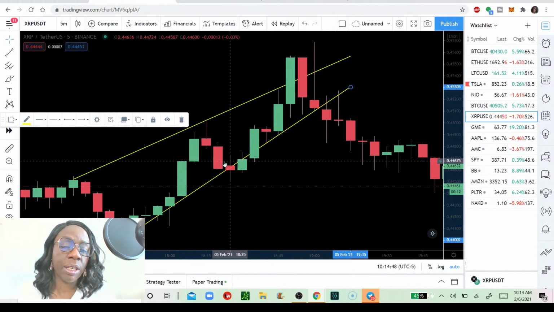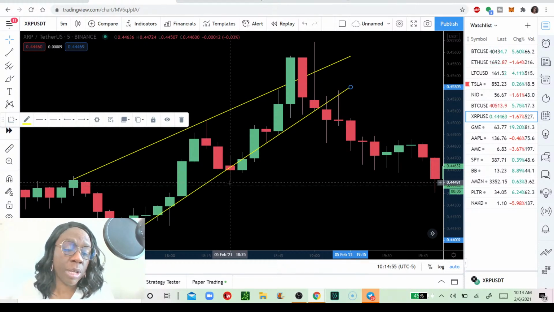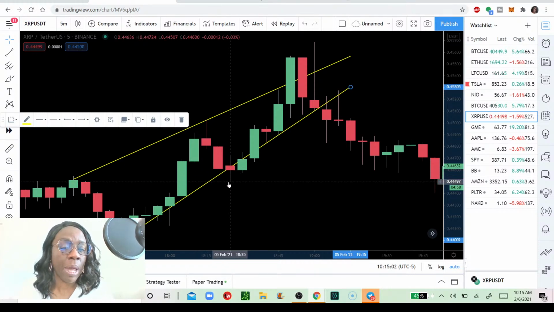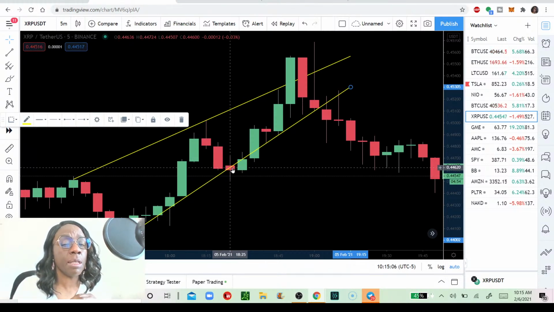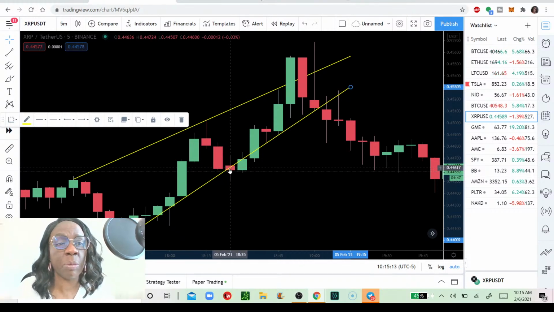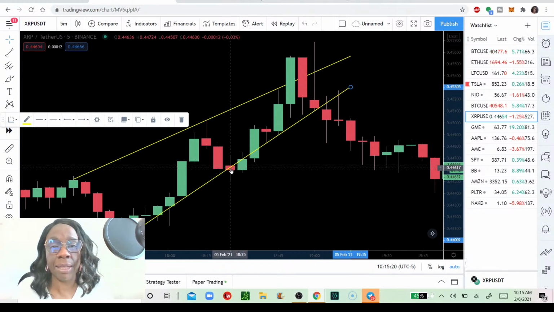If we look at here, we have a situation where price action actually broke below the trend line, way below the trend line, but then it started working its way back up again. So in this situation, if I was in this trade, many times I'll look for two candlestick confirmations. Once this first candlestick breaks out below the support or the lower trend line, I'd be looking for that second candlestick.